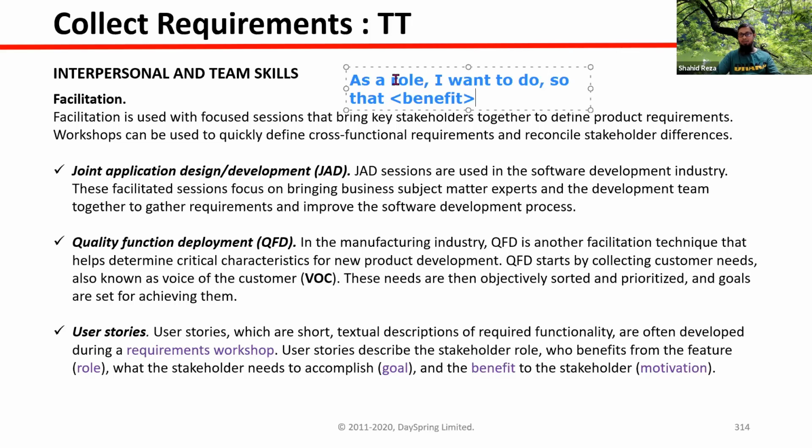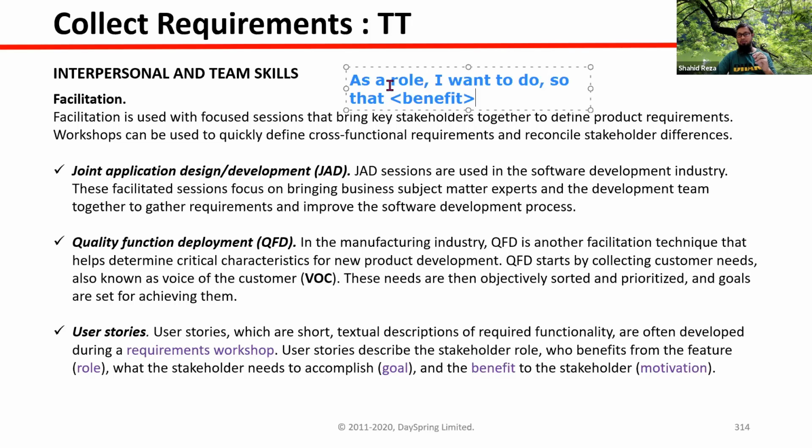So as a role, for example, as a customer, I want to find out the best product or best sold book in this month, so that I can buy the book. So this way they try to collect requirements from the stakeholders.